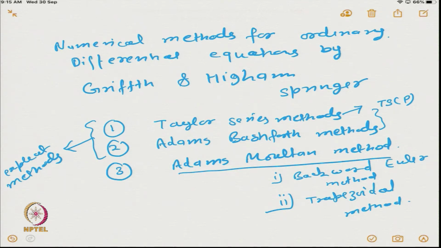Backward Euler method is also implicit and trapezoidal method is also implicit, and that is what we have already seen in the last lecture. But if you look at the derivation of these methods, what we discussed in the last lecture, they were through the Taylor series by some manipulations of high order derivative terms, etc.